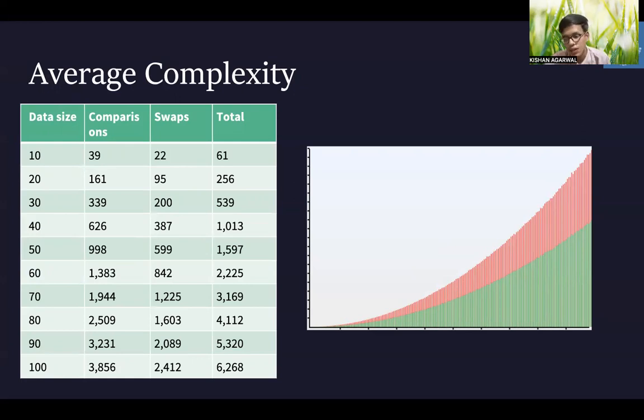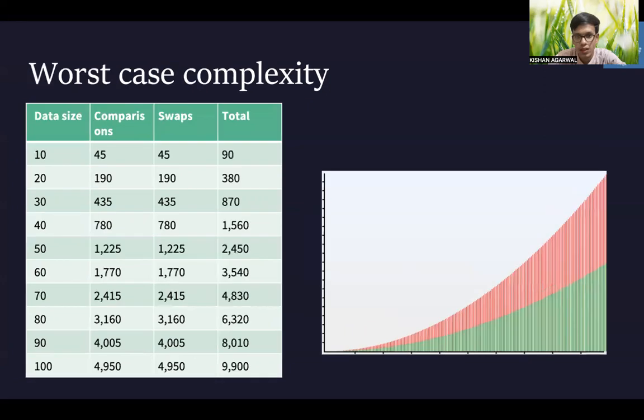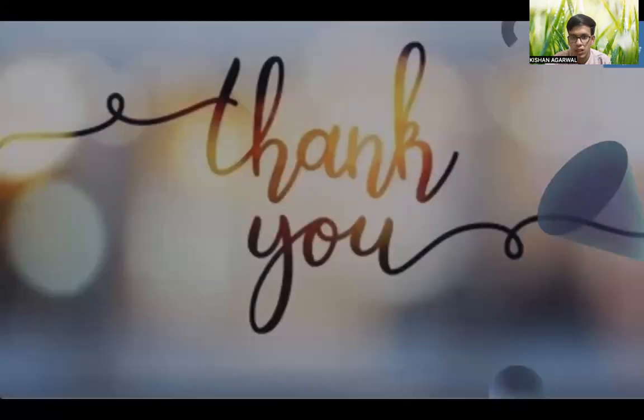That's why the average case complexity of the shuttle sort algorithm is big O of n square. Similarly, for the worst case complexity, the comparisons increase more than in the average case, and the swaps also. So we can say that the curve is more quadratic, but the time complexity remains big O of n square in this case as well. Thank you.